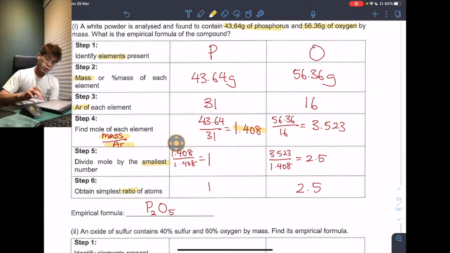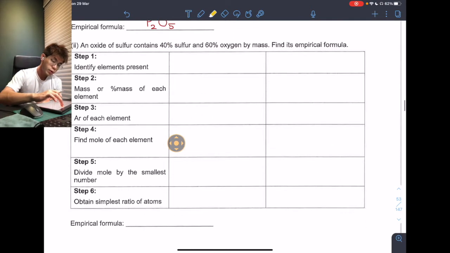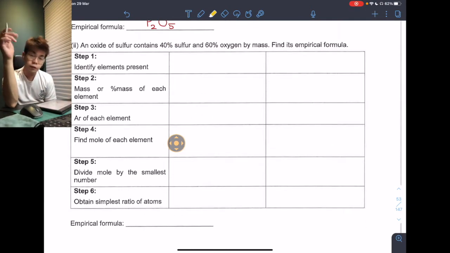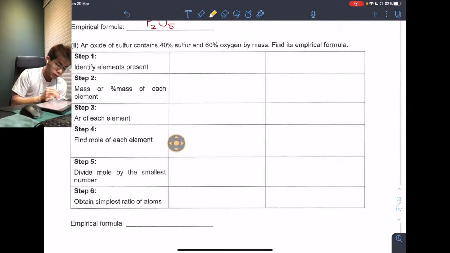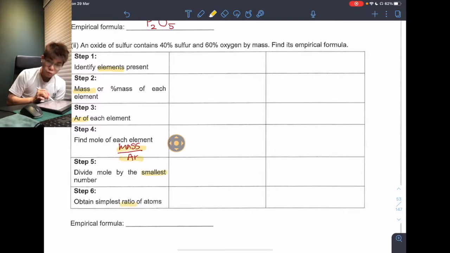Let's look at the next question. An oxide of sulfur contains 40% sulfur and 60% oxygen. Now we don't have mass, we have percentage. Again, the table: element, mass, AR, mass divided by AR, smallest ratio.